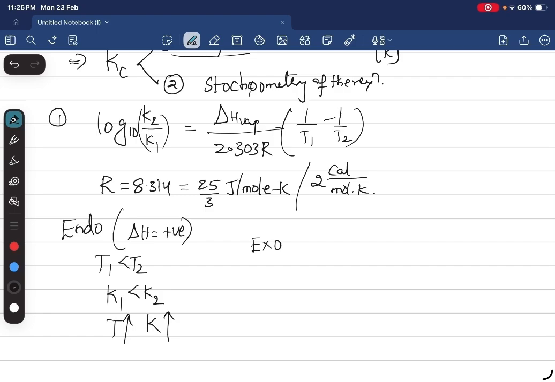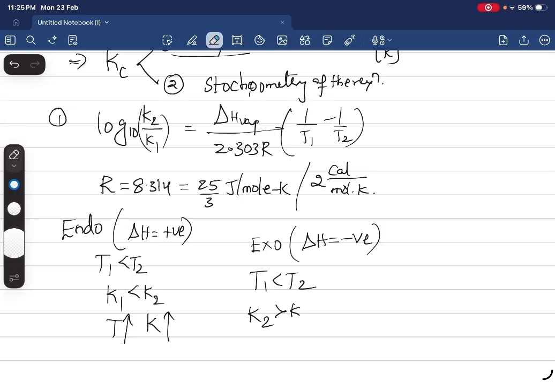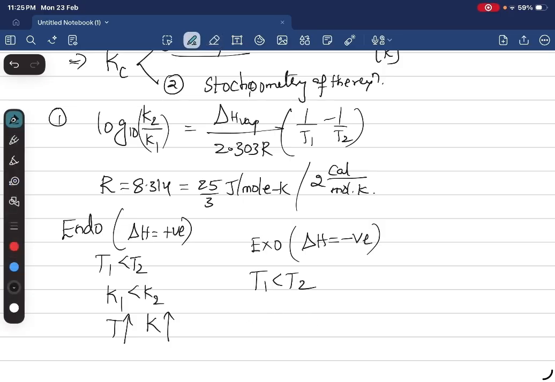But in exothermic, delta H equals negative and T1 less than T2, and K2 is inversely related to K1. So K1 greater than K2 and T increases, K decreases for exothermic.